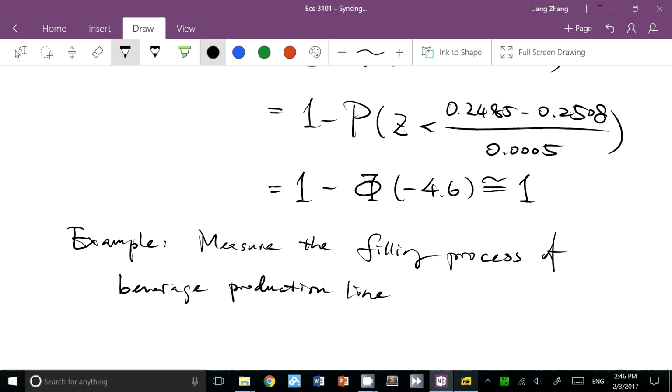Let's assume the filling volume follows a normal distribution. Sometimes it could be a little more, sometimes a bit less.